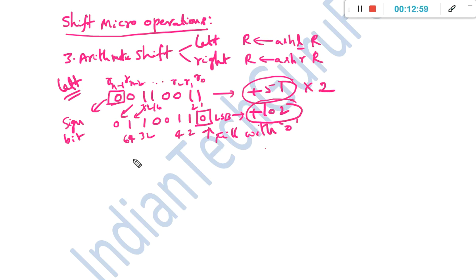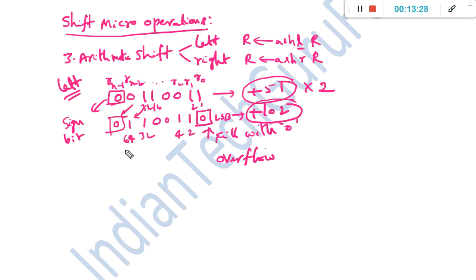However, we need to be very careful about the overflow condition. Why? Because here the Rn minus 2 bit is shifted to the Rn minus 1 bit, which is the sign bit. For example, let us apply the arithmetic left shift once again to the result.